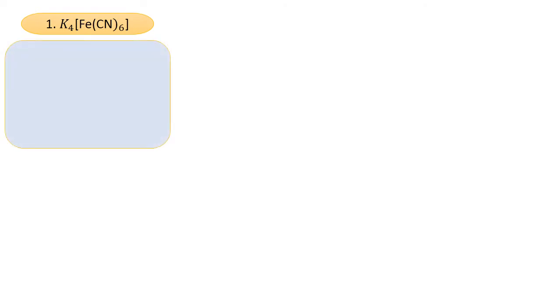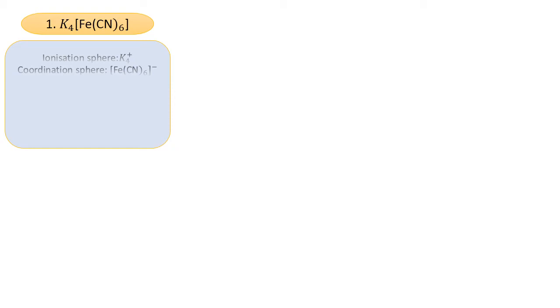Now applying all the rules in these examples and writing the name of the coordination compound. In the first example, the ionization sphere is the cation and the coordination sphere is the anion. Hence, we have to write the name of the ionization sphere first and then the name of the coordination sphere.